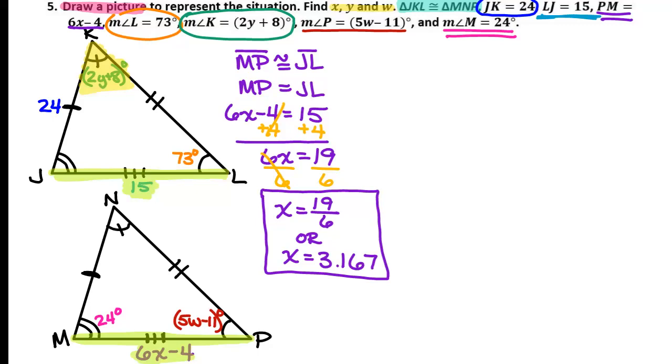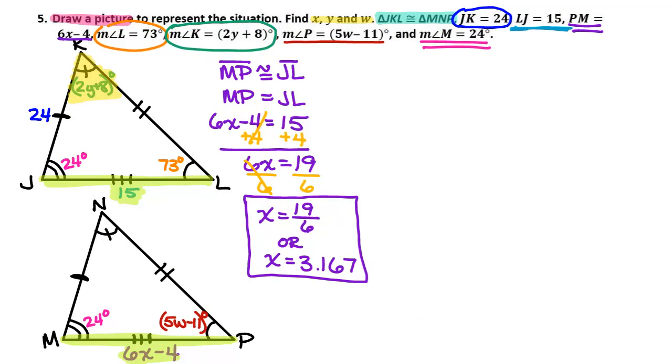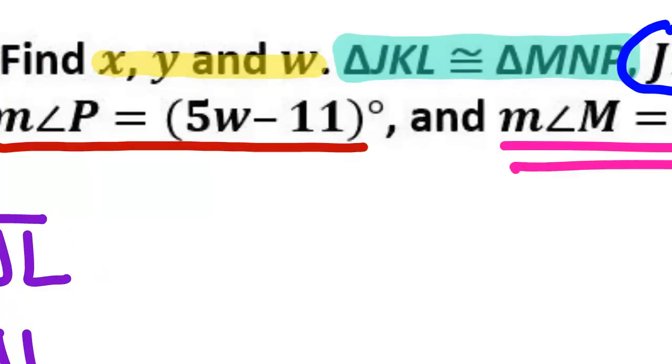But I know how big angle L is, don't I? That's 73 degrees. Do I know how big angle J is? Yes. Why? Because it's congruent to M. So J would be 24 degrees. So what can I do to find Y? Yep, add them all up and set it equal to 180.